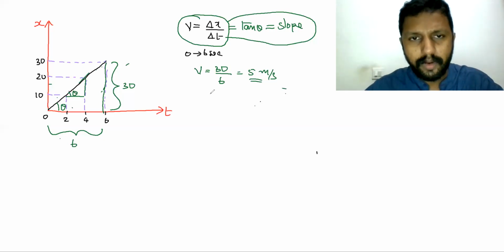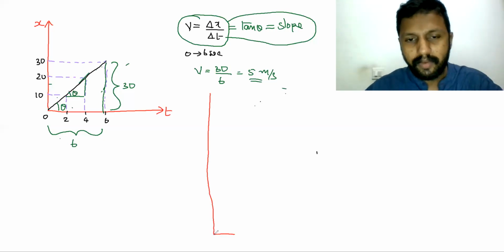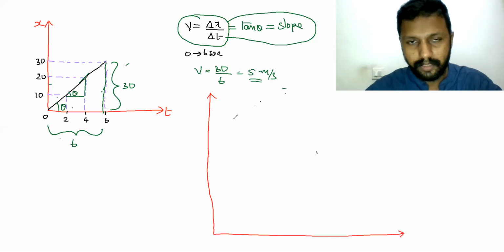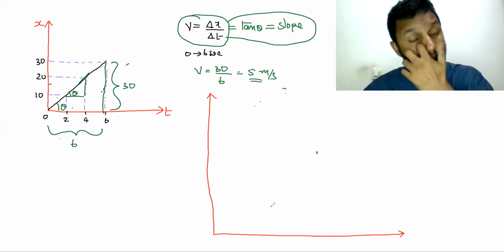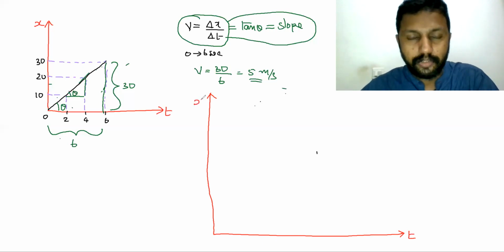let us have another graph over here. We are having another displacement time graph. For drawing that, let's say time is on this axis and the position or displacement is on the y-axis.